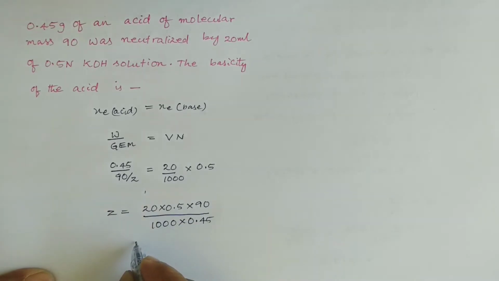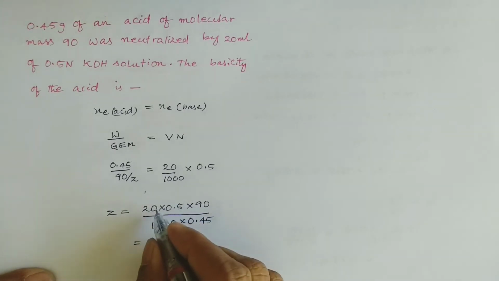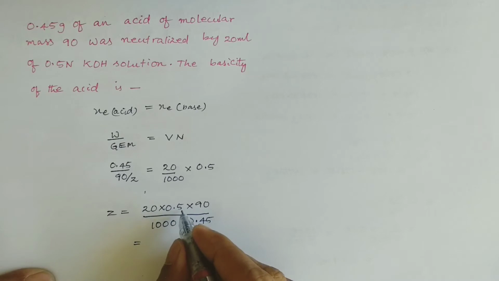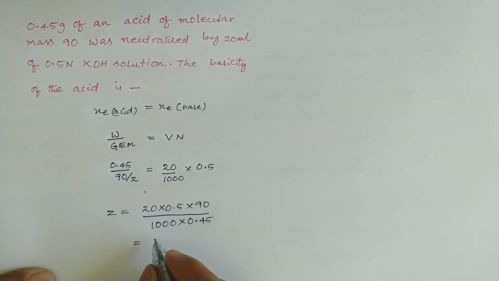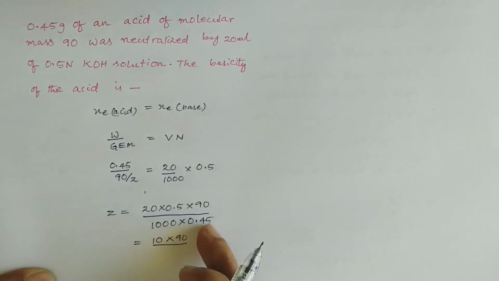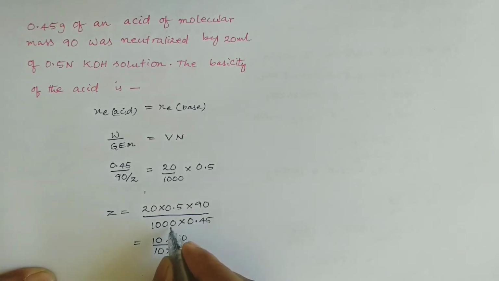Now simplify. This is equal to 5 into 2, or 10, into 90, divided by, multiplying with 100 here, 10 into 45.